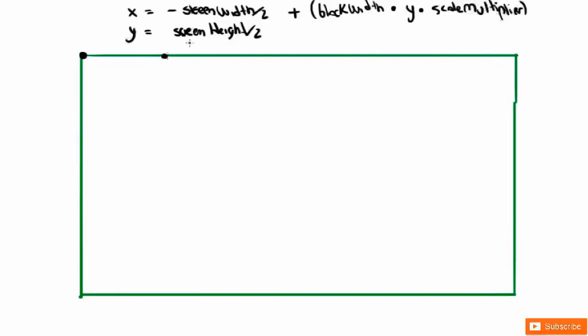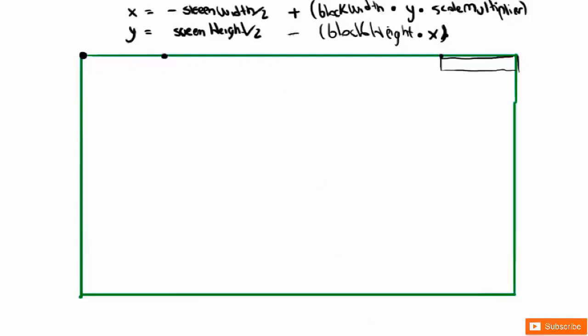So make sure we are displacing them at the right rate so that the end block ends up just at the rightmost part of our game window, okay? For the screen height, we actually need to subtract whatever our block height is, so we will need that information as well, times x, and that's it. We don't have a scale multiplier for the y component.